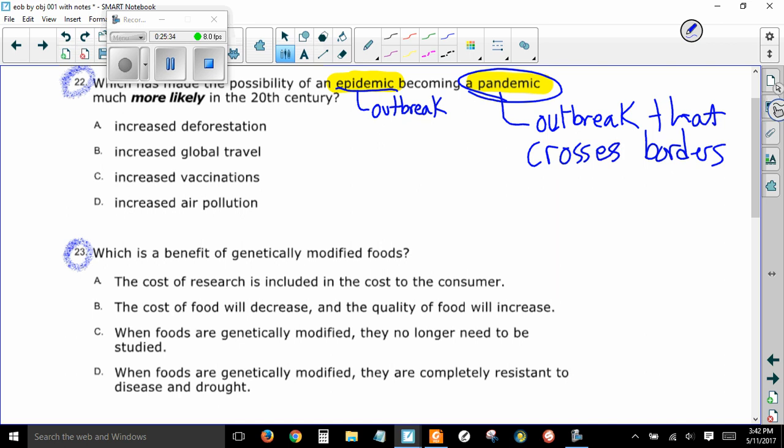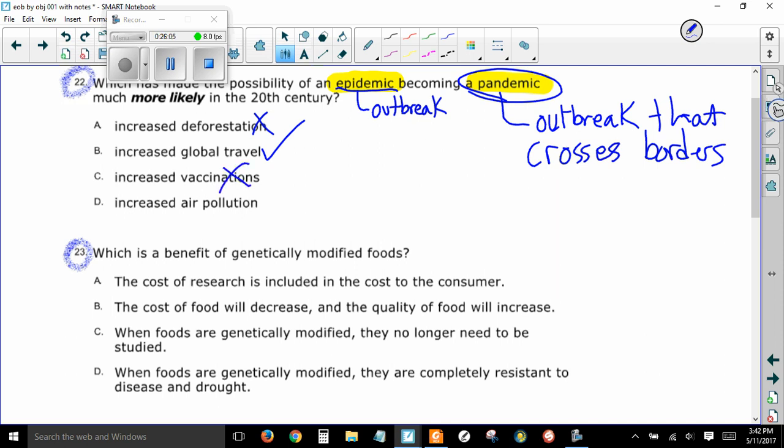All right, increased deforestation. That might make travel a little easier, but not directly. Increased global travel. So you mean I could go to Brazil, get bitten by a mosquito, and catch the Zika virus, and then come back to North Carolina and spread it? Okay, that sounds pretty good. Increased vaccinations. That would decrease diseases, not increase their spread.